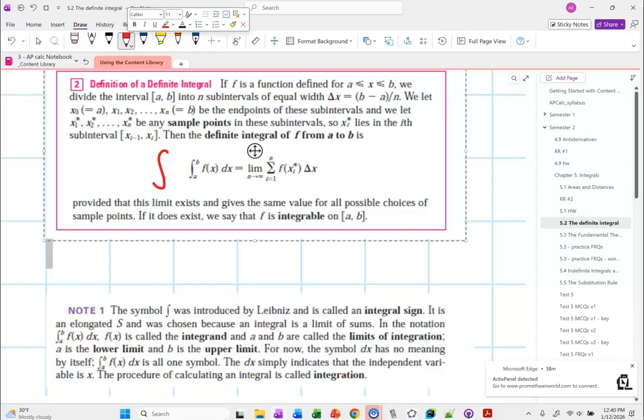We saw that some functions were differentiable at a point, some over an interval. When we talk about integrable, we are only talking about over an interval, never at a point, because does a point have an area underneath it? No, that doesn't make any sense to talk about. So when we talk about integrable, it's always over a closed interval from a to b. Is everybody okay with that?